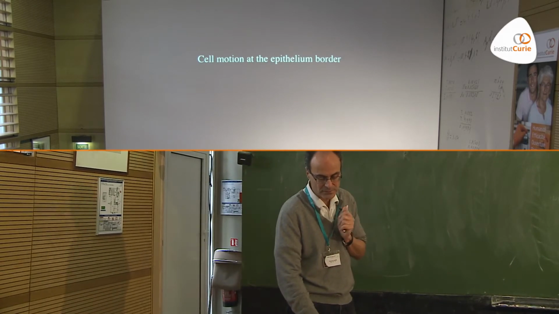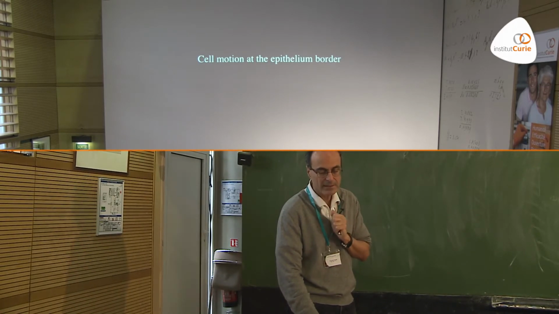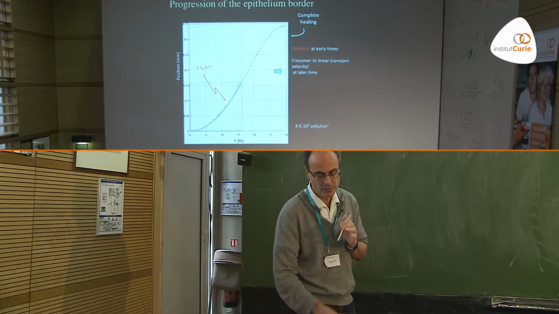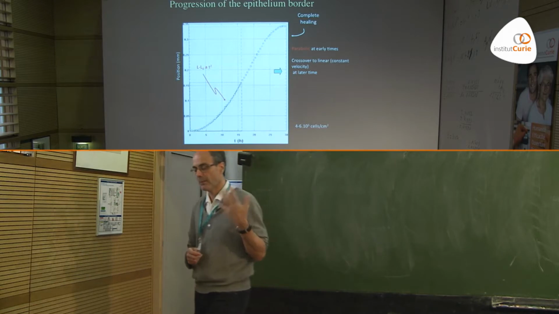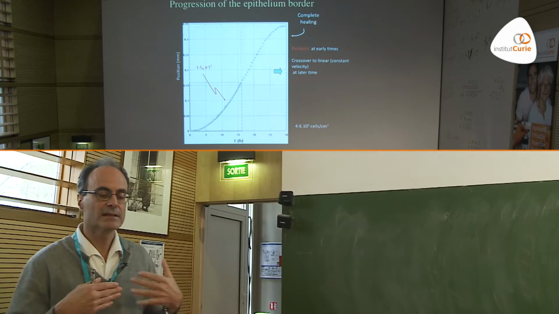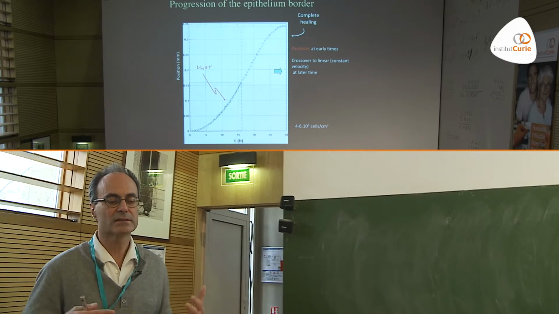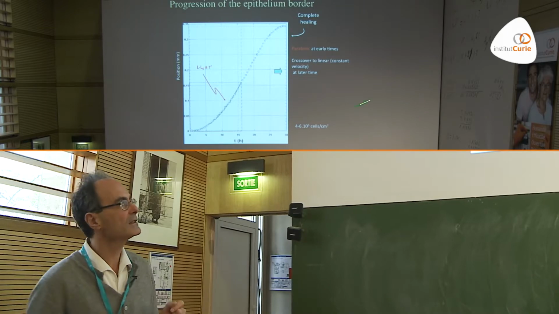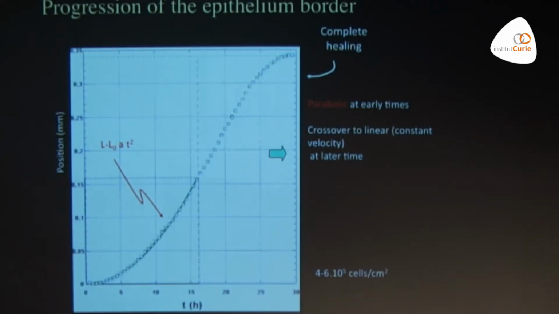Okay, so that was for this confined experiment. And then one other way we try to look at this model is looking back at the progression of this interface. I showed you that this was driven by leader cells, etc. So can we look a little bit more into that?